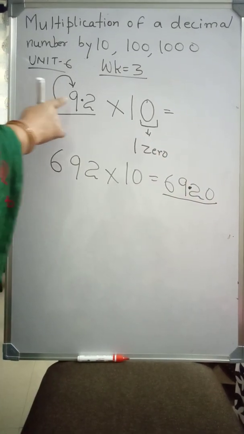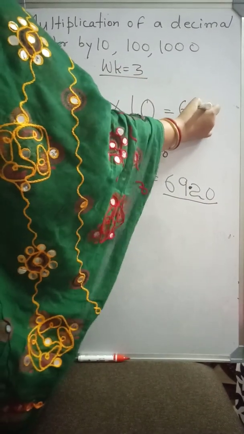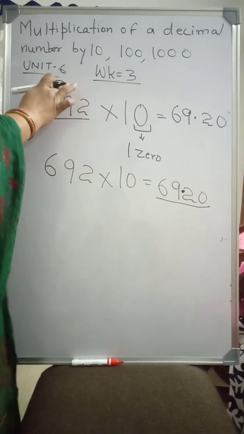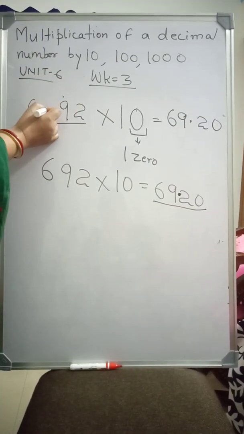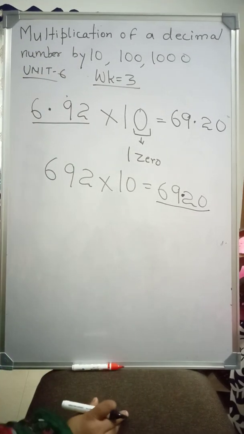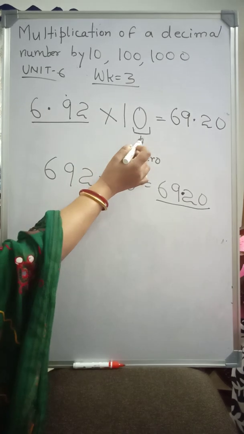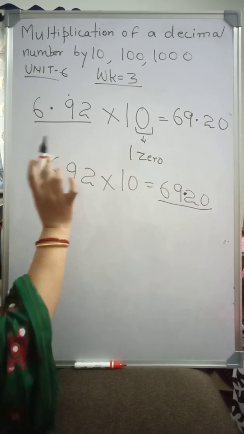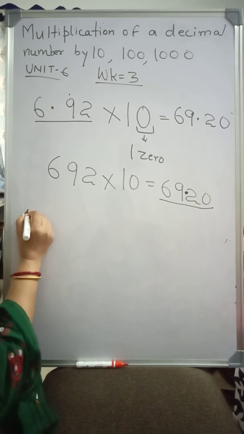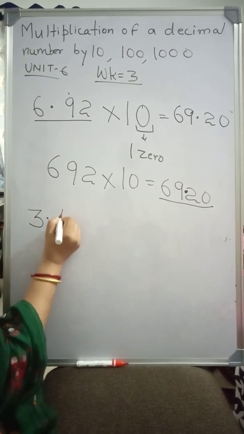So the answer is 69.20. Right? So now let us take another example. In the multiplier, you have to firstly count the number of zeros in the multiplier.